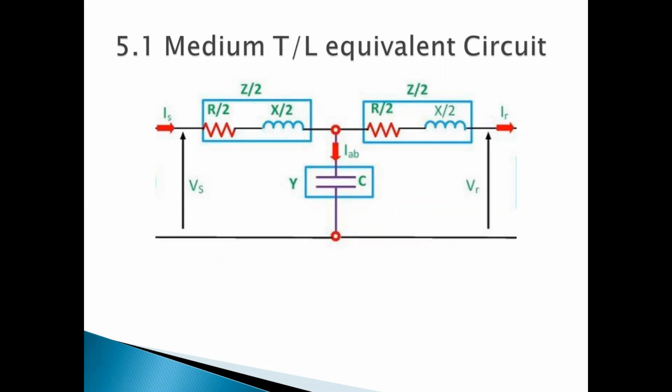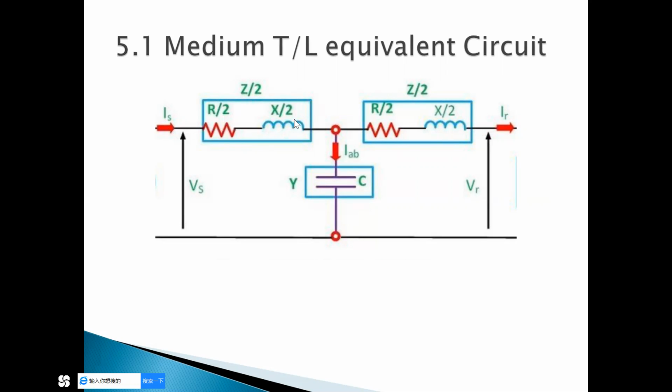Why do we call it T? Because its shape is like T. If you write T over here, you will see that its shape is like T. So that's why we call it the T model. Here we find the resistance of the transmission line. For example, if it is 10 ohm, I will write 5 ohm here and 5 ohm here.